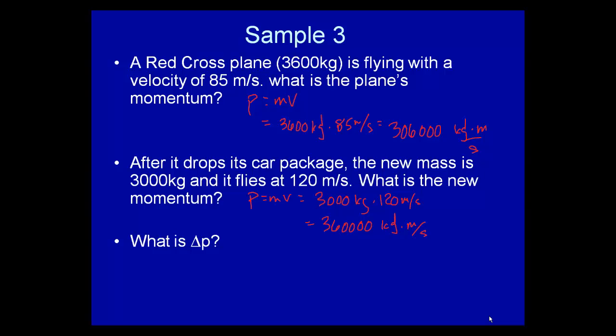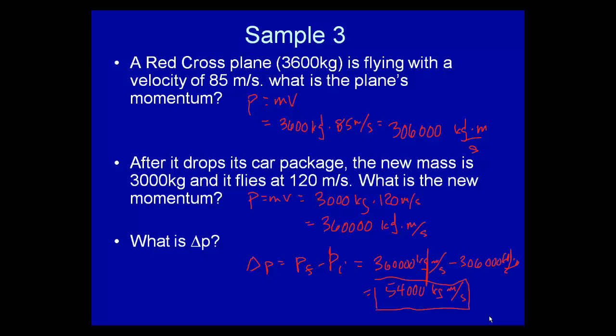So what is the change in momentum? What is delta p? Delta p is nothing more than p final minus p initial. Well, we've got both of those from the previous problem. So p final is 360,000 kilogram meters per second, and p initial is 306,000, so the difference is 54,000 kilogram meters per second.